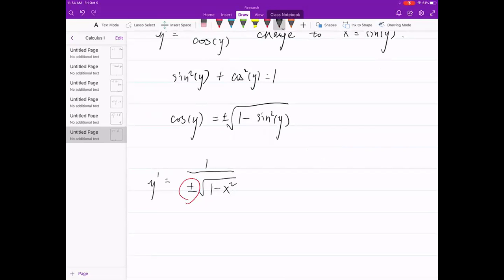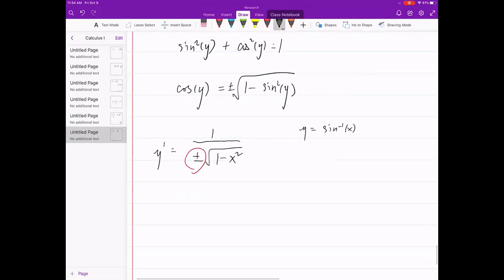Now you need to go back to the definition. When you write this thing down, maybe you recall, maybe you don't. You have a hidden assumption on y, that's how we define the sine inverse.